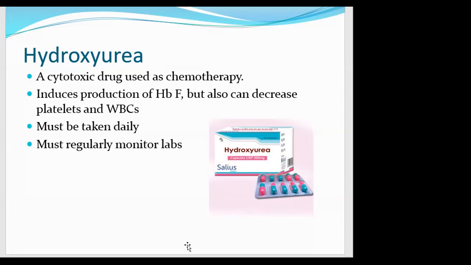And anything off on the labs, you might have to report them back to the hematologist and say, hey, she's on this dose, but I see that the white blood cells are dropping a little bit. And so you would hold the medication for a little bit and then start it back, maybe even start it back at a lower dose. However, you will have guidance with hematologists in this area. So hydroxyurea, just know that if you've got a patient with sickle cell disease, they may be prescribed this medication.